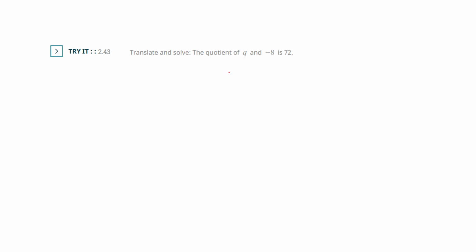Quotient of q and negative 8. Q is 72. Multiply both sides by negative 8. So I'm multiplying that by negative 8. So these would go. Negative 576.